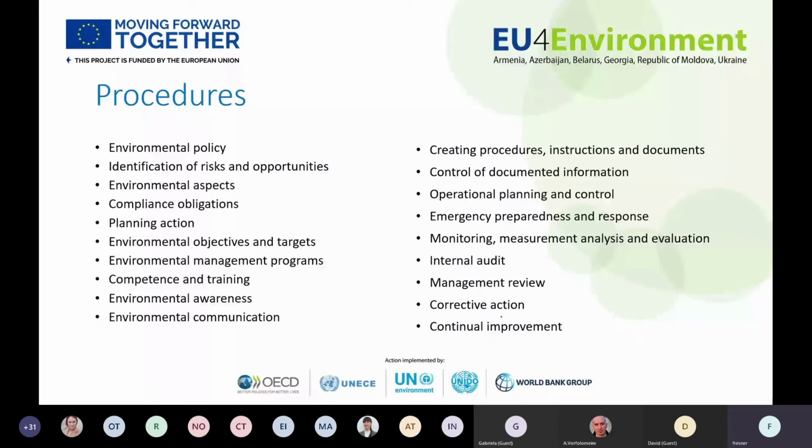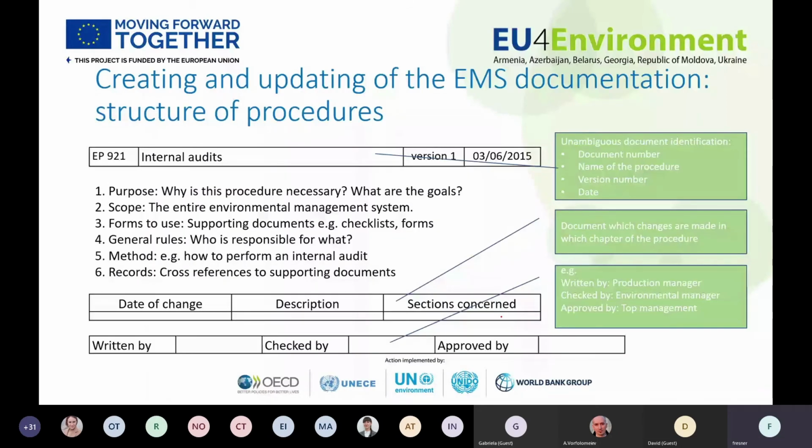Talking about documentation, documents which we use in our environmental management system need to have a certain structure, because the requirement is that all these documents identify as elements of our environmental management system.